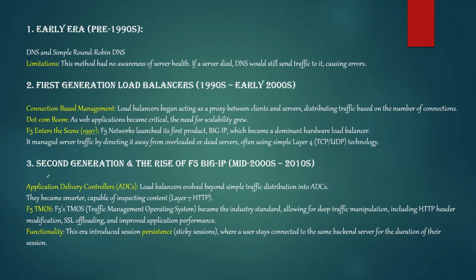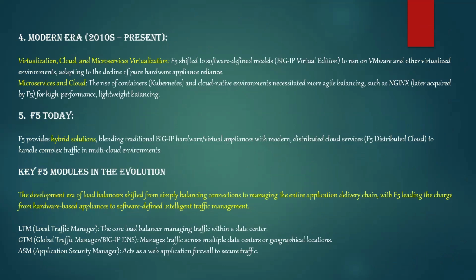Then comes the second generation and the rise of F5 BIG-IP in 2010. After that we have the modern era, 2010 to present. In this modern era we use virtualization, cloud, and microservices. With virtualization, we deploy on a virtual platform such as VMware or any other platform.